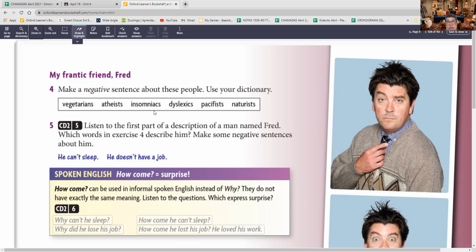Insomniac in the singular. Insomnia. We are actually talking about people who suffer from insomnia, right? So here, an insomniac is a person who has difficulty sleeping.